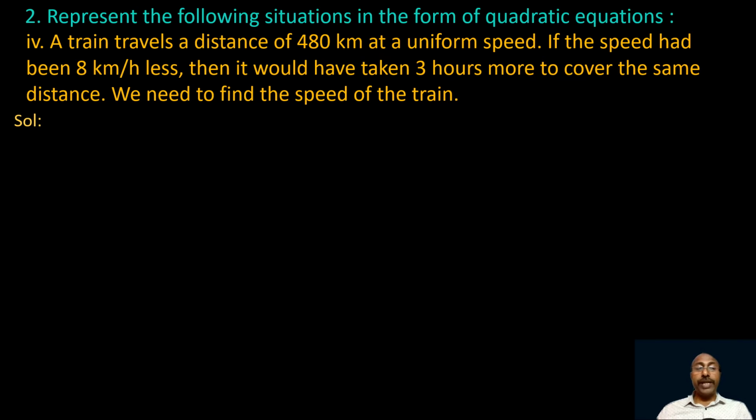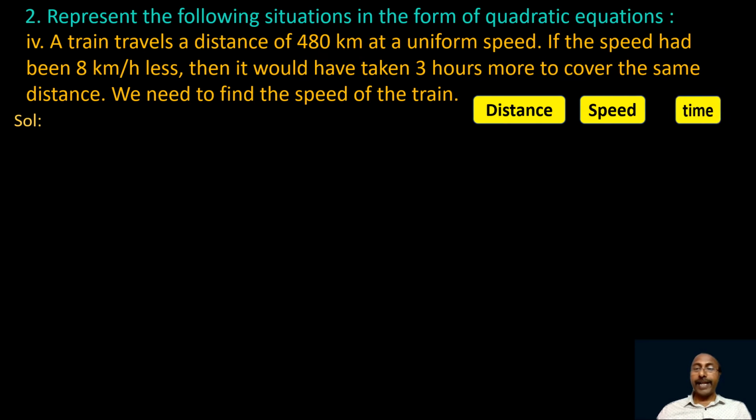If the speed had been 8 kilometers per hour less, the train would take 3 hours more to cover the same distance. We need to find the speed of the train, and for this situation we have to form the quadratic equation. Here we have three quantities: distance, speed and time.